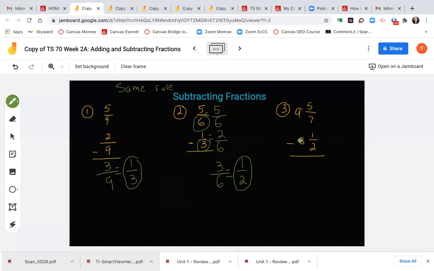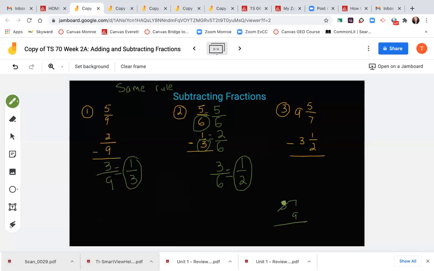The next one I'll do a little bit faster. Now, you might want to write yourself a little note here. Look down here. If I give you the example, what if you had 37 minus 9, okay? We learned back when we were subtracting that you can't subtract a larger number from a smaller number.